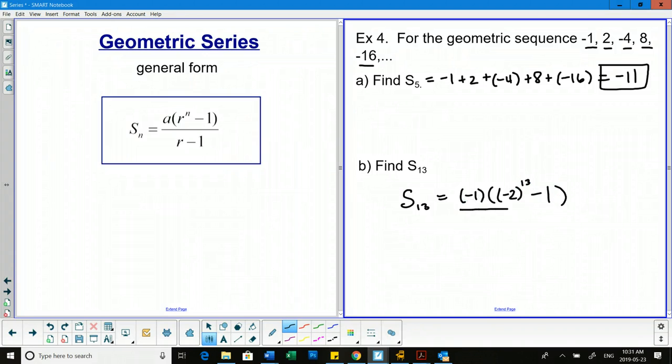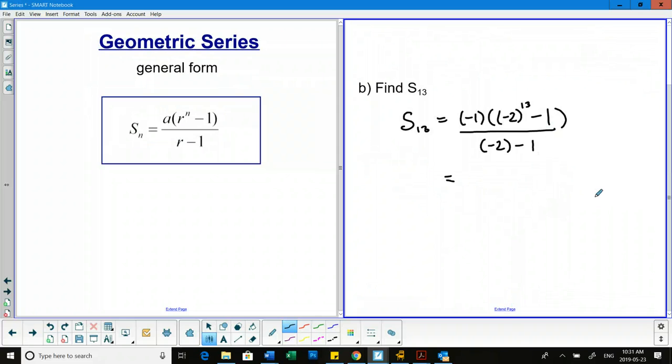I'm putting that guy in brackets, you'll notice, especially this first one up here, because I am putting a negative to an exponent, and I want to make sure that I get the correct answer out of that, because if I put a negative to an even exponent, it's actually going to become positive. So here the negative will remain because it's to an odd exponent of 13, but I just want to be mindful of that. So we're just going to calculate here. I think we should get a whole number for this so we don't have to worry about leaving in exact values. So we'll plug that into our calculators.